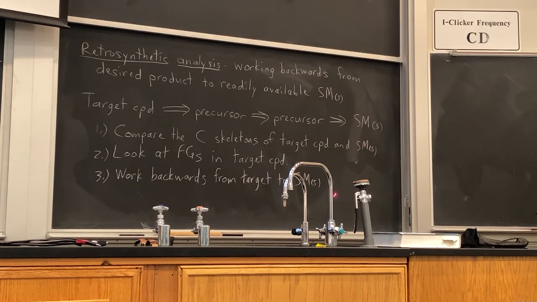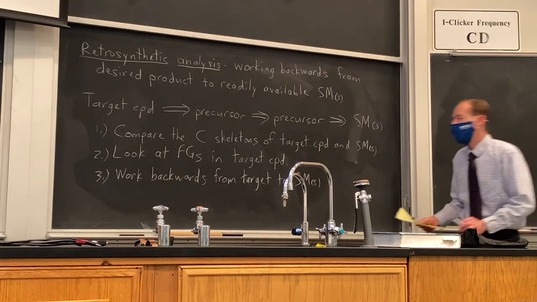So you always want to make it simpler. And at each step, you want to ask yourself, what molecule could I make this precursor or this target from in a single step? And you keep going with an eye on the structure of the starting material so that you're moving in the direction of those starting materials.